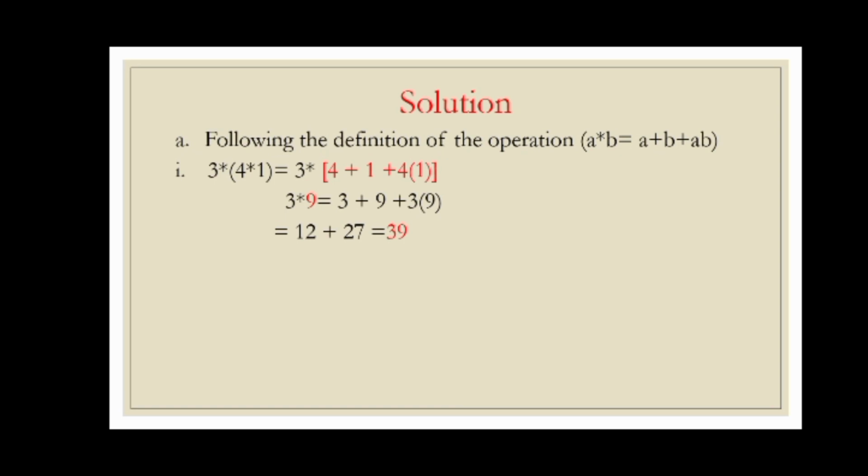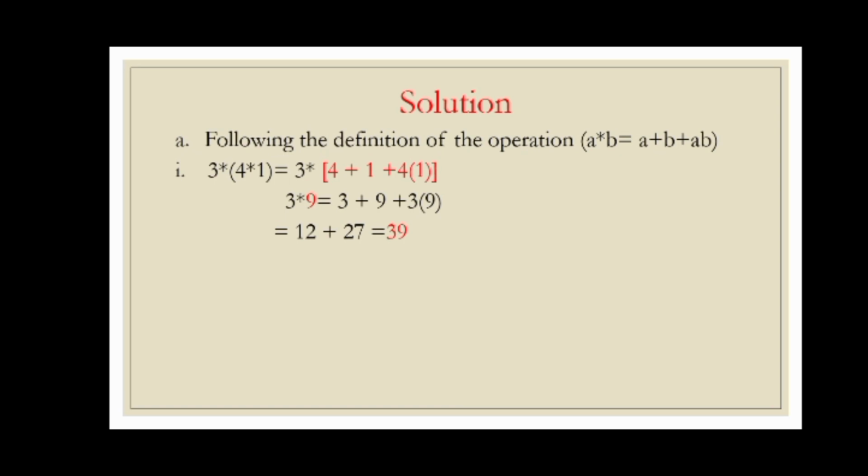So now our new equation becomes 3 star the answer we had for the bracket, that's 4 star 1, which is 9. Please, do you get it? Yes. So the next equation becomes 3 star 9. We had the 9 from the bracket because we solved the bracket first.